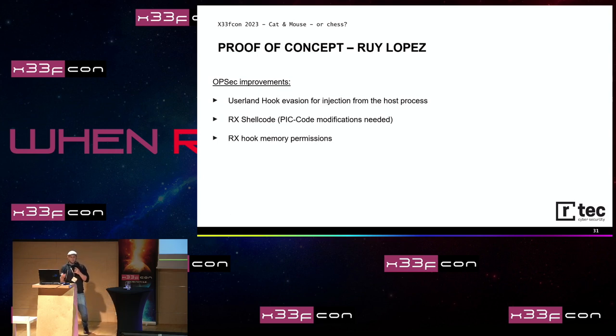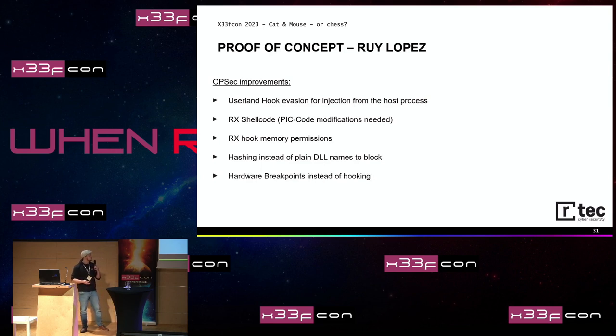Yeah, someone would need to investigate why these crashes occur. But at the moment, it's pretty obvious that this function is hooked, because it also has different memory permissions. The hook is also currently using the plain DLL names to block them instead of something like ROR hashing. So you could also replace that with ROR hashing to make it more OPSEC safe.